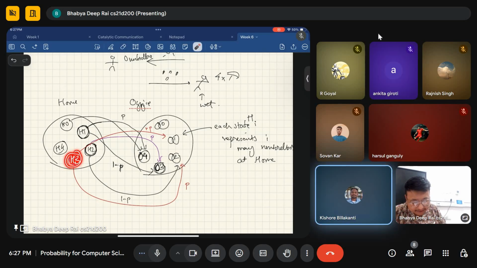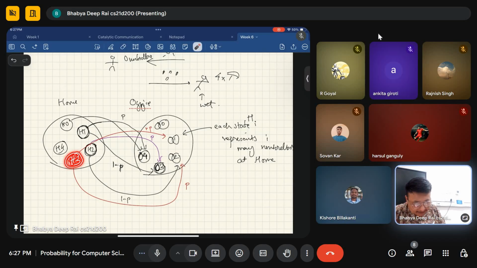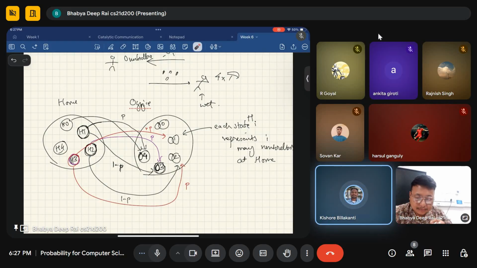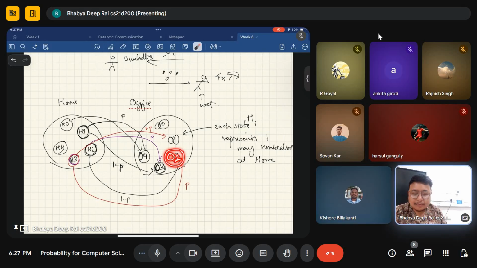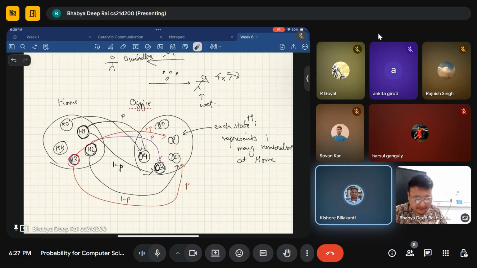H3 means you have 3 umbrellas at home. With P probability it rains, which means you've taken an umbrella, and there was one umbrella at the office already. But the state O2 has 2 umbrellas, based on the state itself the count of umbrellas would depend.